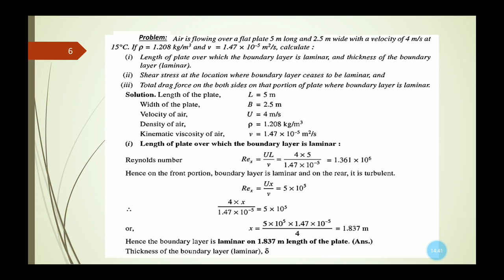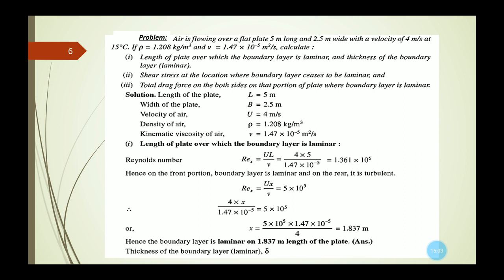After the laminar boundary layer zone there is the transition zone, and after the transition zone there is the turbulent boundary layer zone, and in the turbulent boundary layer zone we have seen some other zones, like the viscous sublayer, buffer layer or overlap layer. So different types of zones are there in the turbulent boundary layer zone.